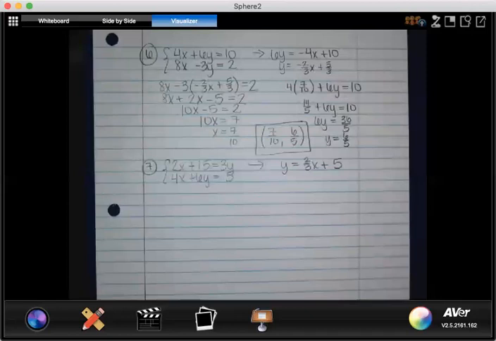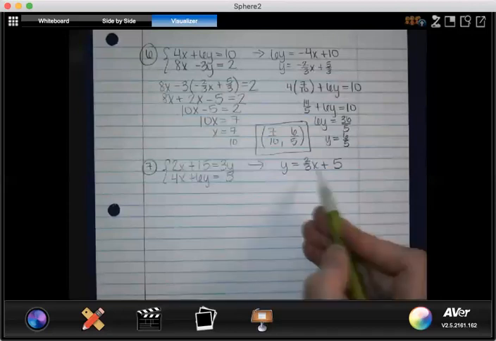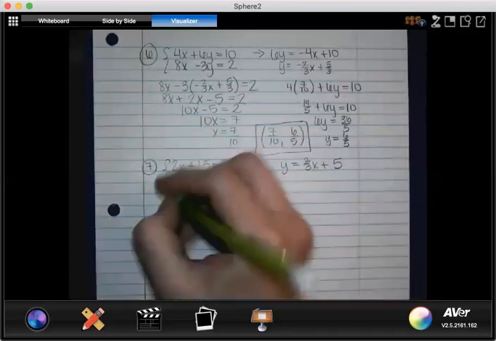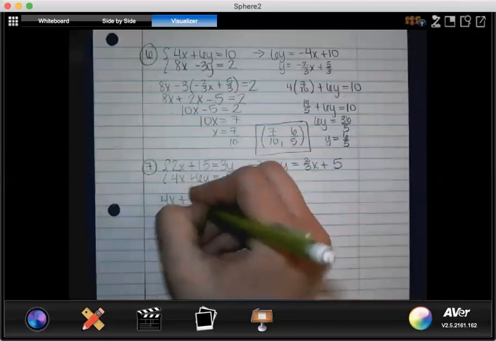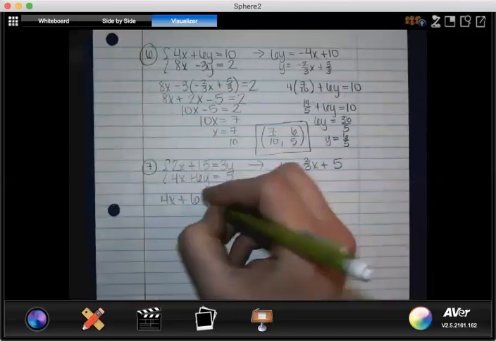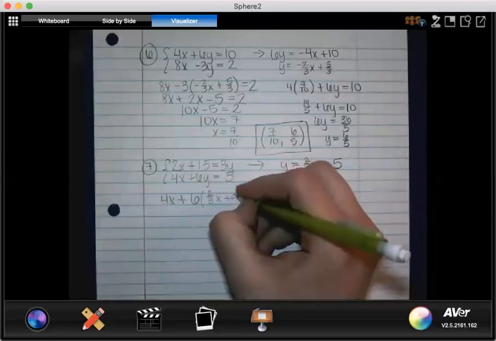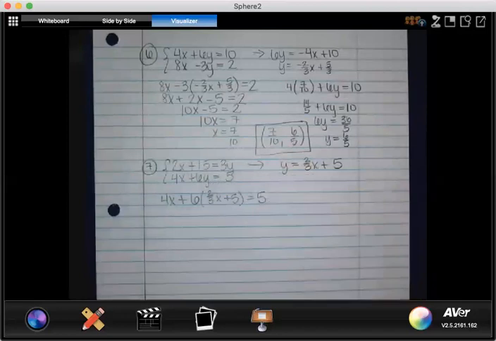Okay, we're going to substitute for y. So 4x plus 6 times 2/3 x plus 5 equals 5. I'm going to pause it here, and I want you to try the remaining part of this problem to see how you do.